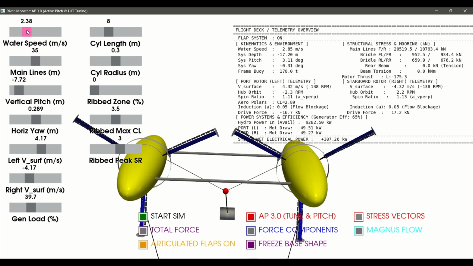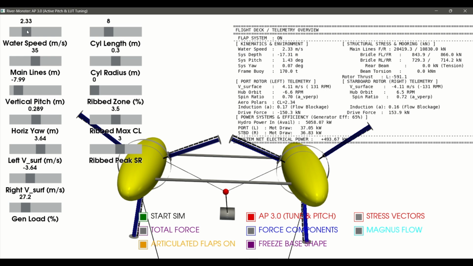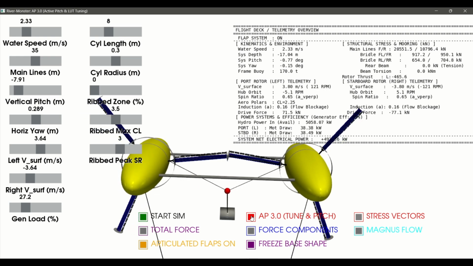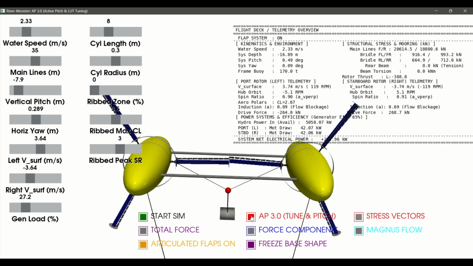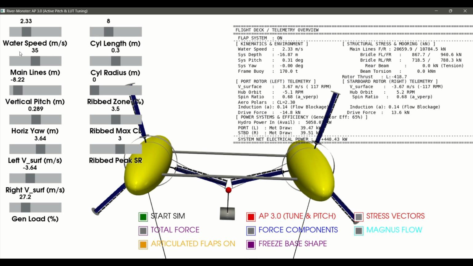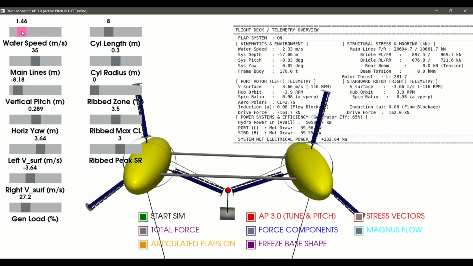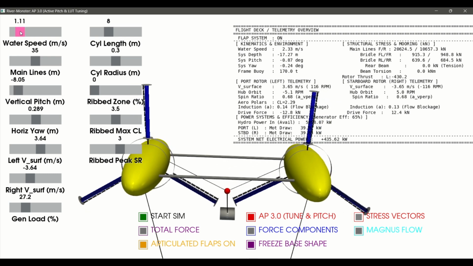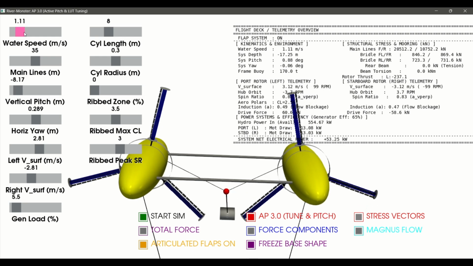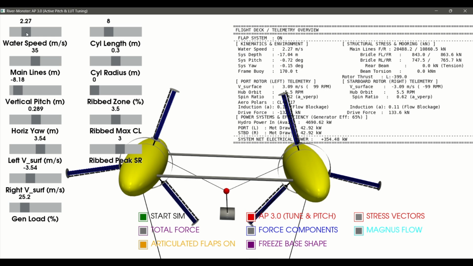Having understood the constraints, let's unlock the base array and hand full control back to the autopilot to witness the system's true operational envelope. We dynamically ramp the water velocity, transitioning from a mild 1 meter per second flow to 2, to 3, ultimately reaching extreme tidal velocities exceeding 4.5 meters per second.